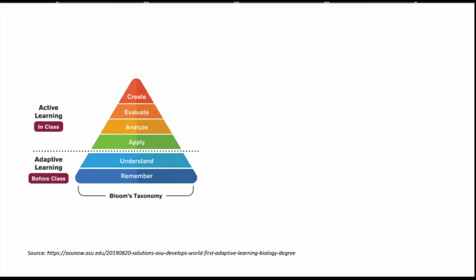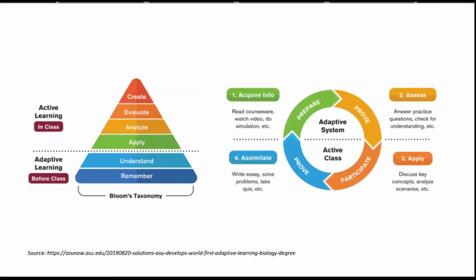Going back to our decision tree, we can think of a class as an expected path. On the right side here, the adaptive system is represented in the top portion of the graph.